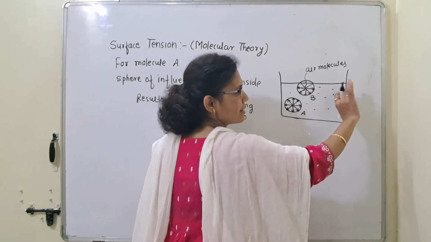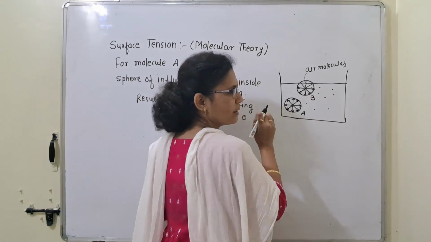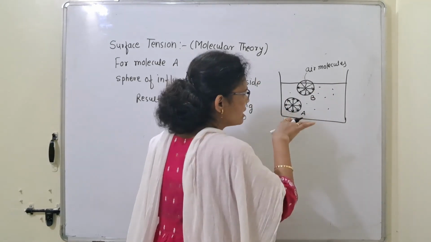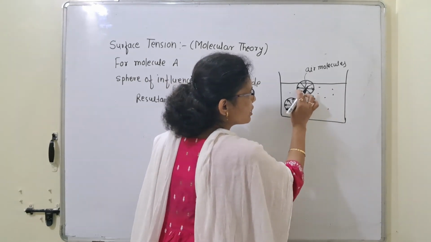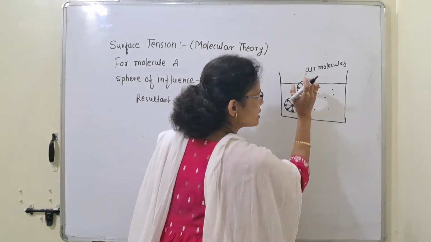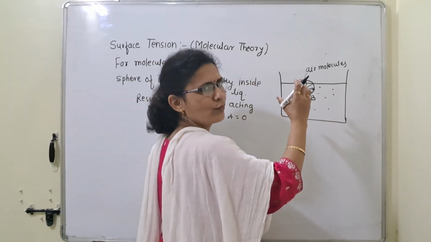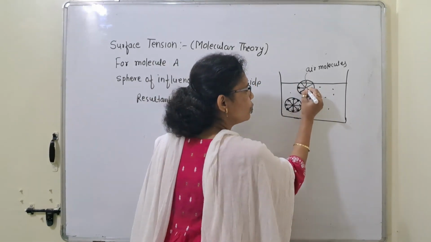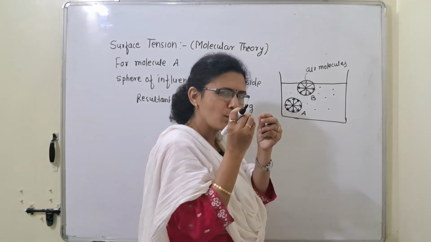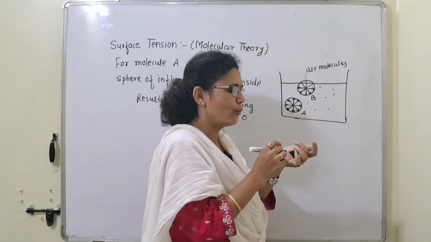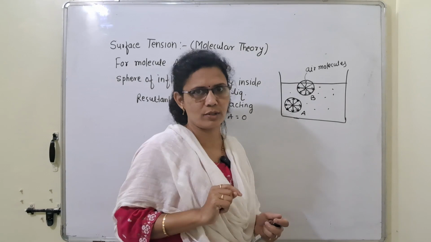They will pull this molecule towards right, this molecule towards left. They will get cancelled. But when we consider upper and lower parts, the molecules below will be large in number. They will attract this molecule and exert the greater cohesive force on molecule B, which will be in downward direction. And a small amount of adhesive force will act in upward direction due to the air molecules.